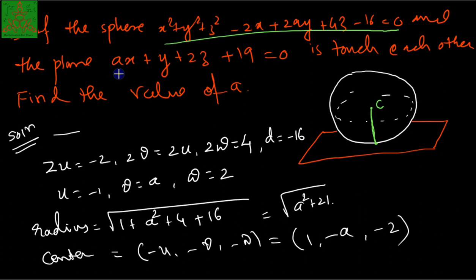Now we know the formula for how to calculate the perpendicular distance from a point to a plane. Suppose this is the plane ax plus by plus cz plus d equal to 0, and there is a point x1, y1, z1.